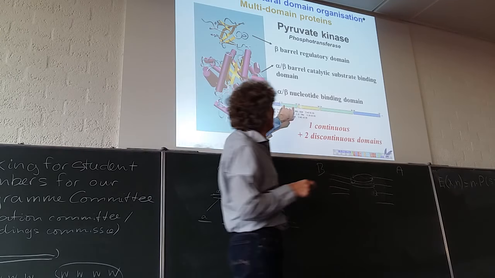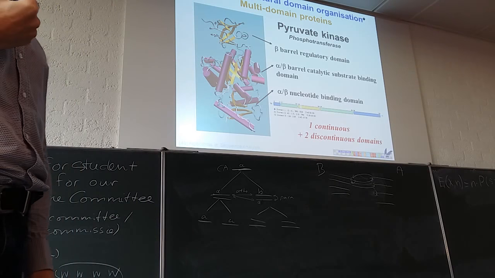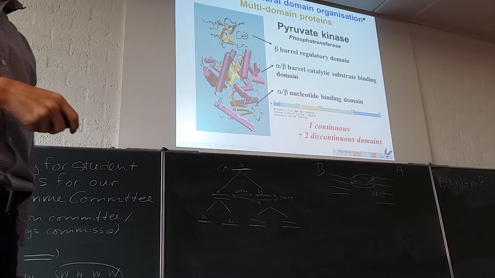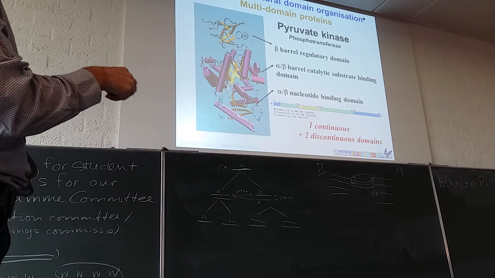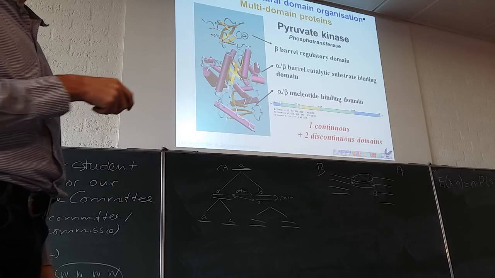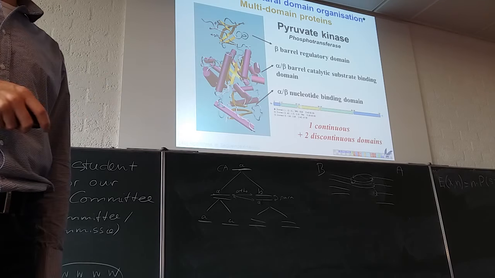So what happened here? How does this evolve? If you search for it, you'll find this domain as a whole protein, and this domain as a whole protein, in other species in the database. But here, there are 2 halves all the time. What happened in evolution? This is insertion, right?